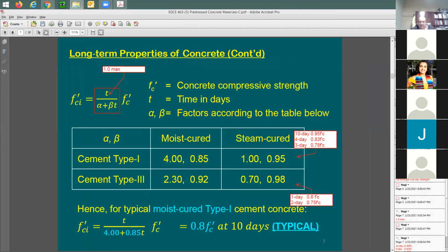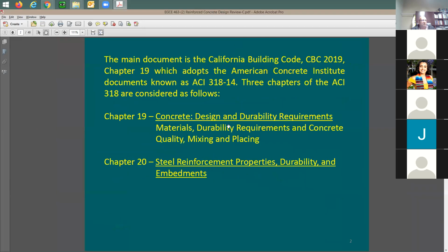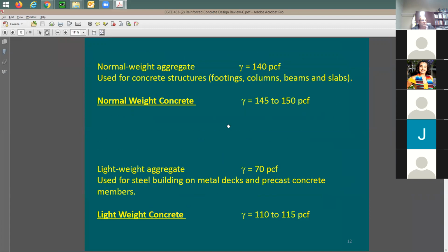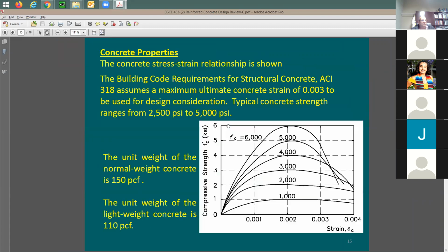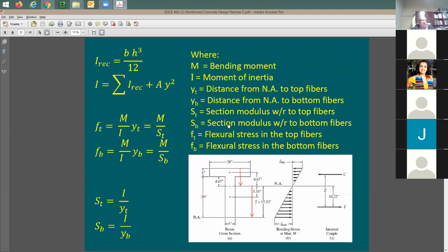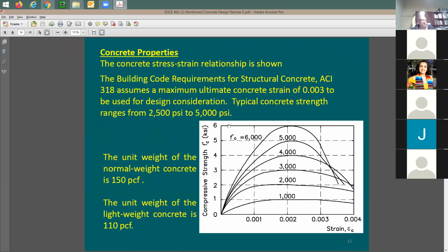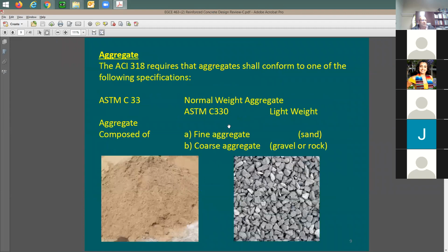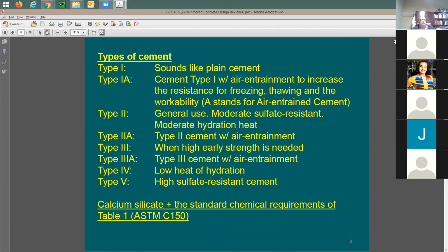Give me a second. Let's go right here to the conventional concrete design, types of cement. Where is that? I remember it was here. Here we go.